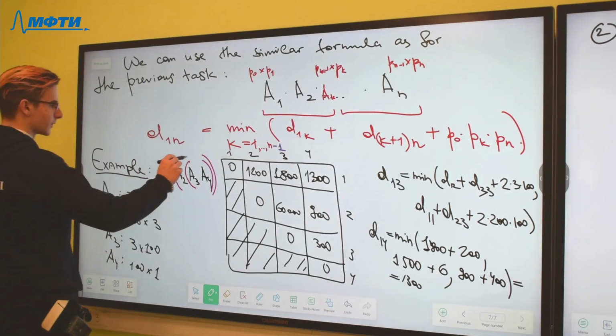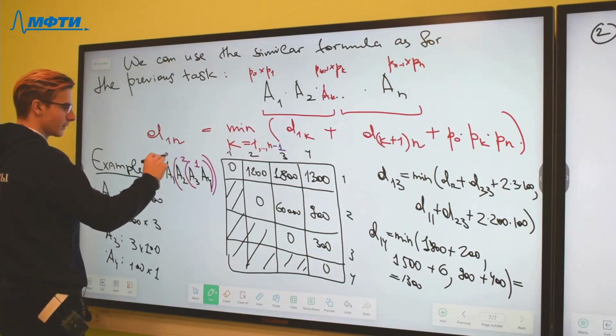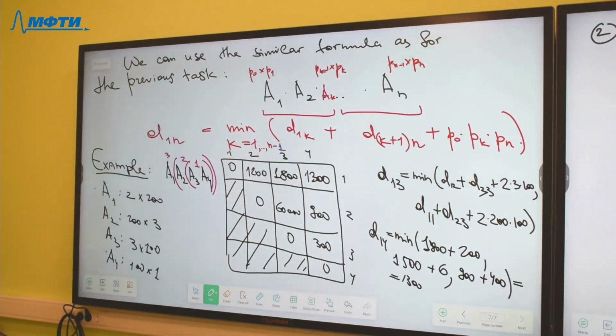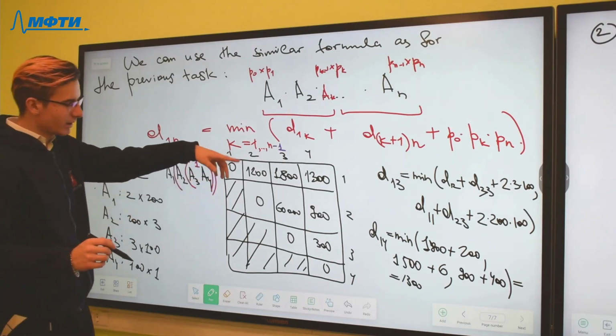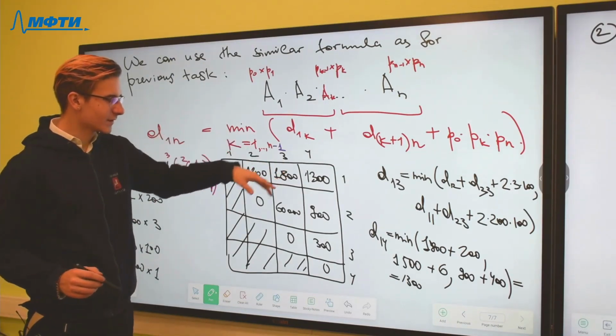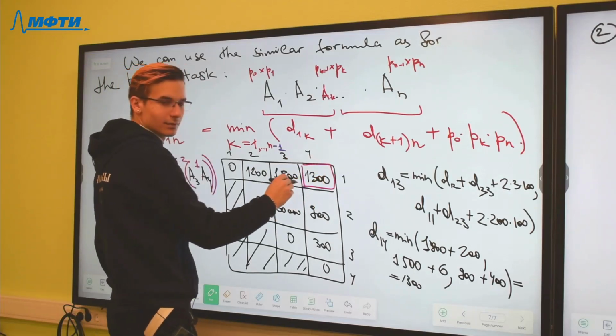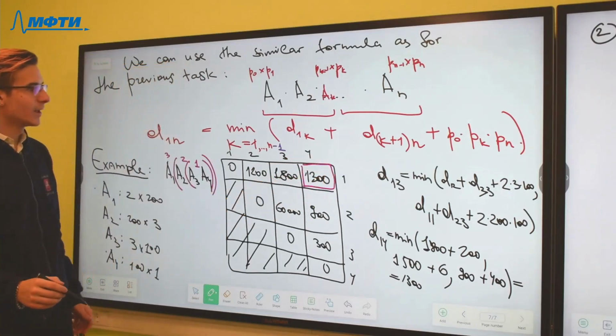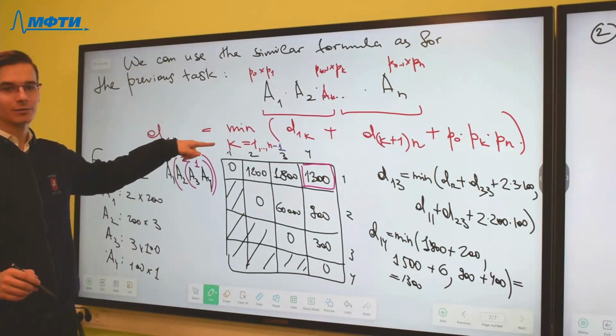And it is a way to multiply them. Okay, it is understandable. So as you see, the way to find the answer is the same, but we change only the recursive formula.